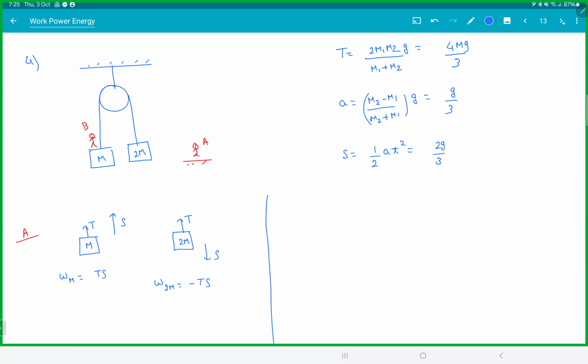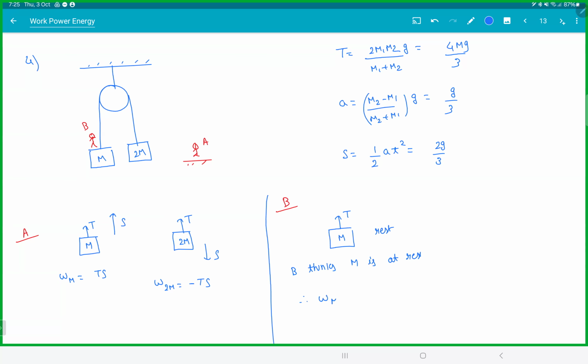But now if you ask B, suddenly B will have different answers. If you ask B, what do you think about M? He will say, this is at rest. So B thinks the block is not moving, because you're standing on it.